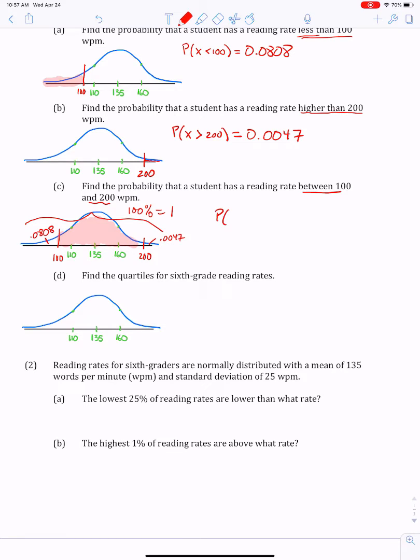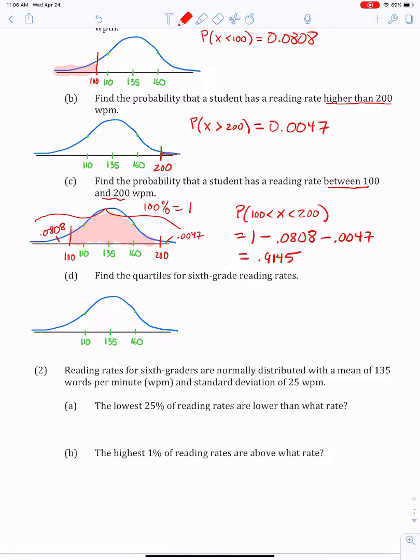So the probability that x is between 100 and 200 is 1 minus 0.0808 minus 0.0047, which is equal to 0.9145.